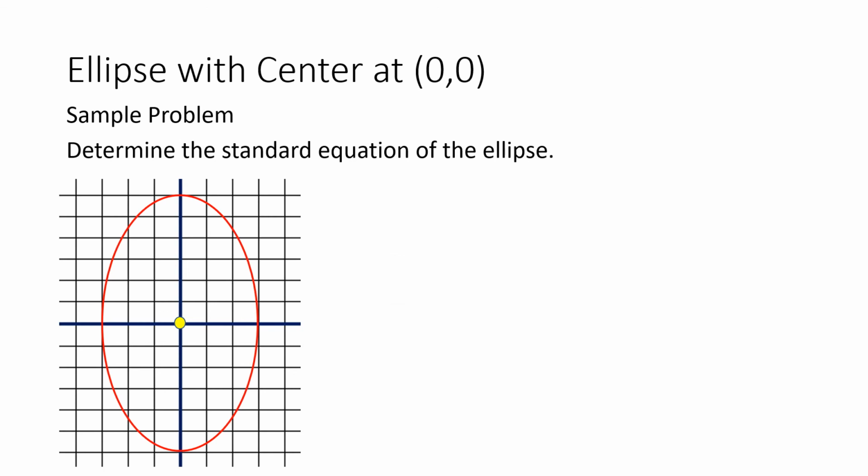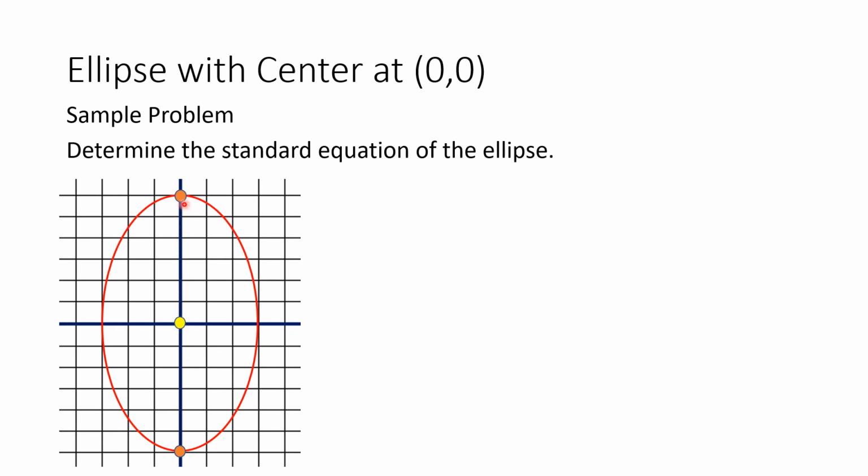Let us now determine the standard equation of the ellipse. So given the figure of our ellipse, as you can see, it is a standing ellipse, or the major axis is the y-axis and the minor axis is the x-axis. As you notice, the distance from the vertex to the center is equal to 6 units.